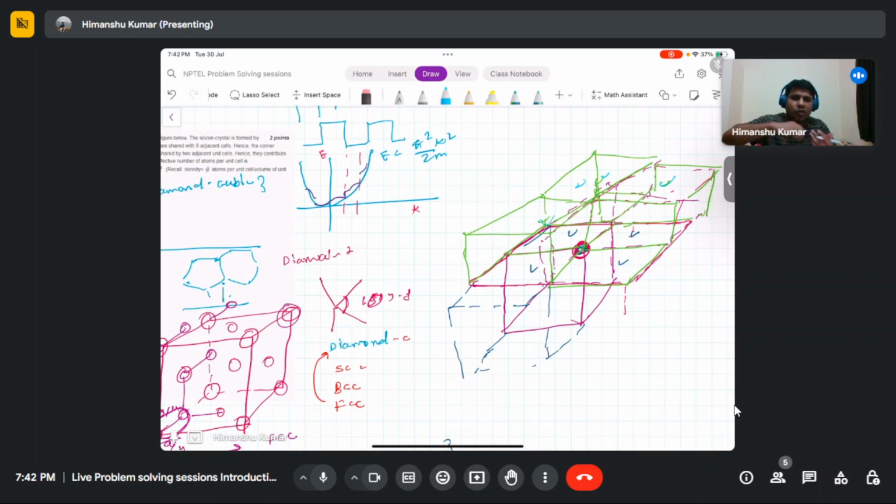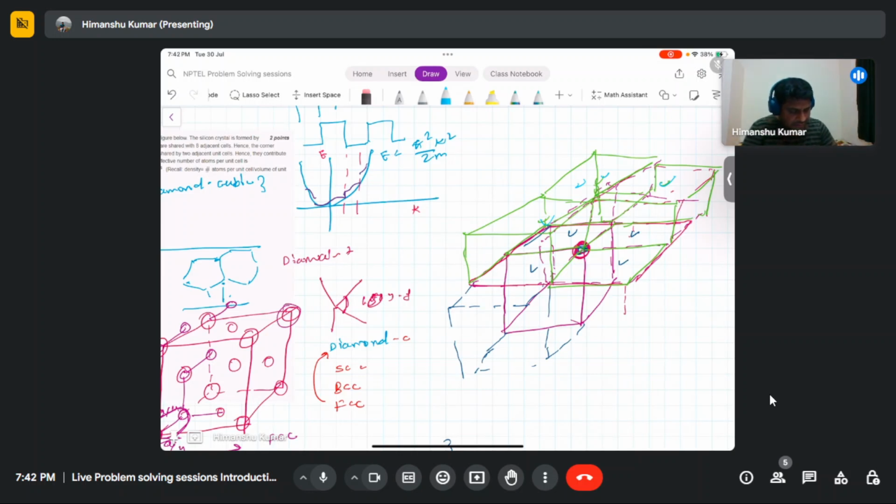So the four nearest neighbor cubic cells will be sharing. So that's why the contribution is four at the bottom, four at the top. So in total it will be shared by eight unit cells. So is it clear? Okay. So now is it clear?